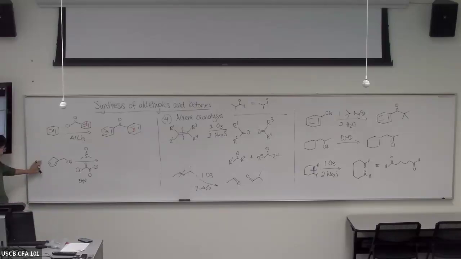And then finally for this one, we've got a diene here, but we're not doing diene chemistry. We're doing carbonyl chemistry. So what we need to look for here is the alcohol. And we've also got DMSO, oxalyl chloride, and triethylamine, which is a type of base.